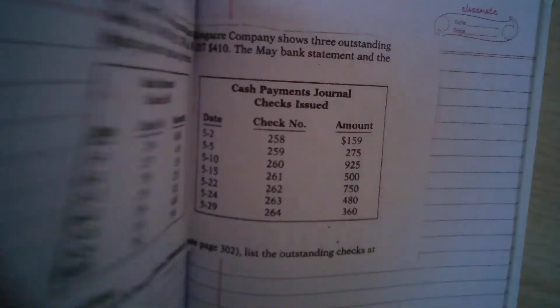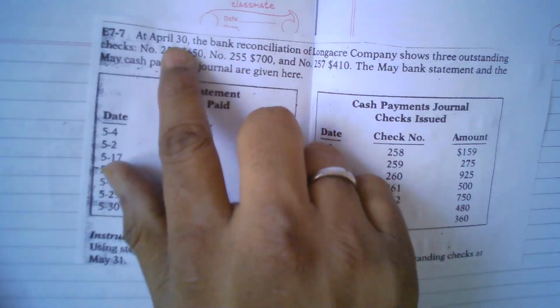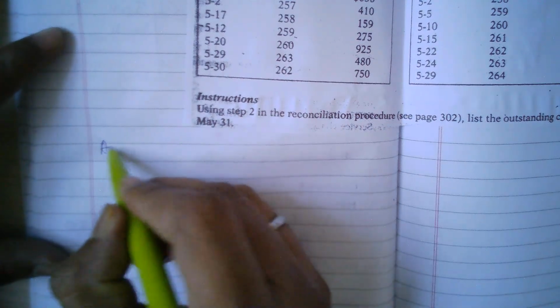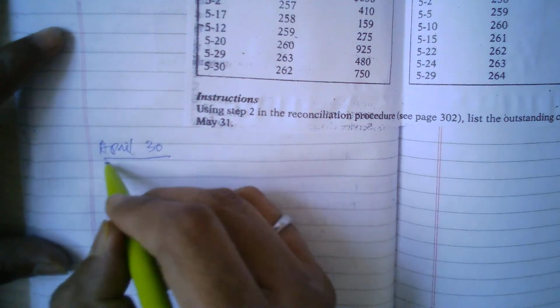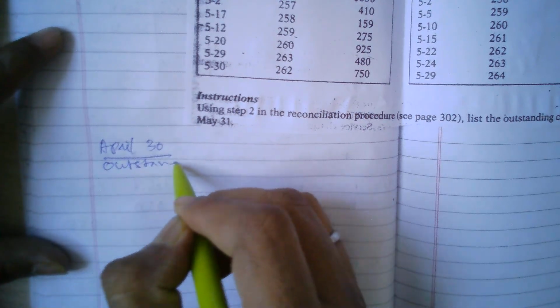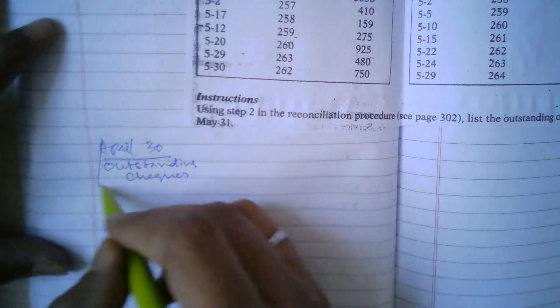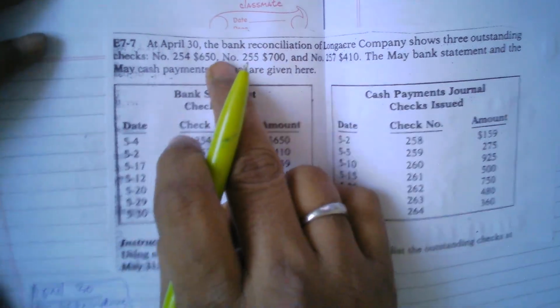Now coming back to this one. What are the outstanding checks on April 30? Here I will write April 30 outstanding checks. Number 254, $650.